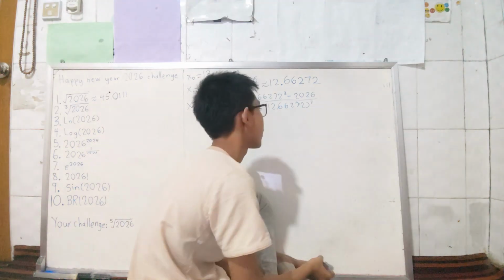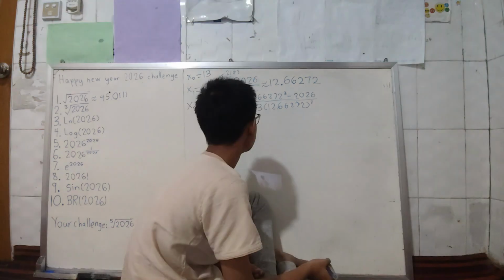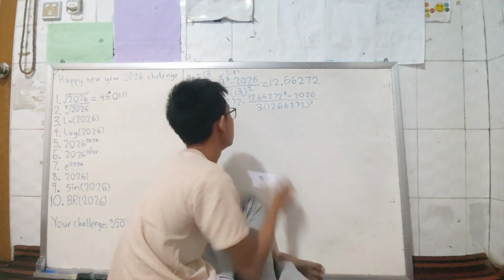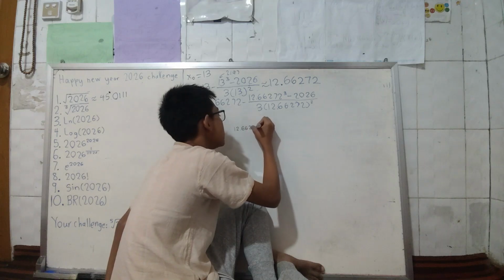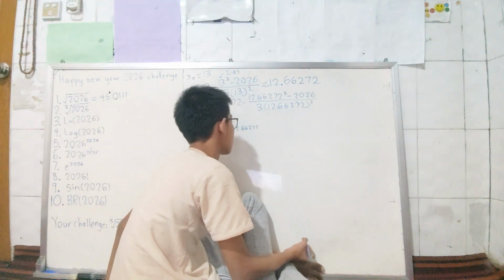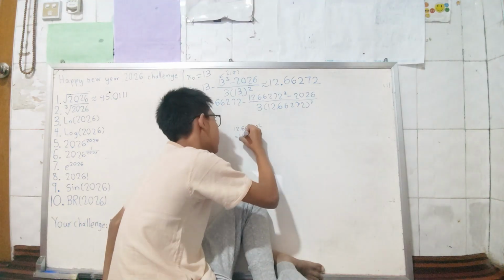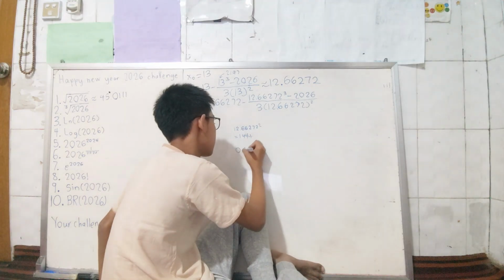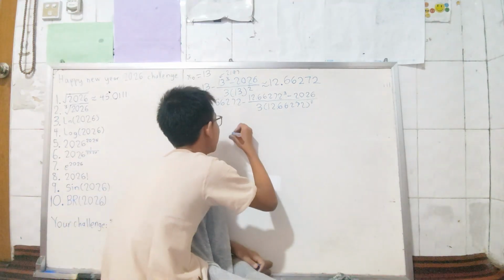That's gonna be a big problem because we're gonna have to work with a lot of digits. Anyway, let's just get into it. So that's gonna be 12.66272 squared. That is going to be 12 squared, which is 144, plus 12 times 0.6. I don't think we can use this trick. Let's just multiply it immediately.